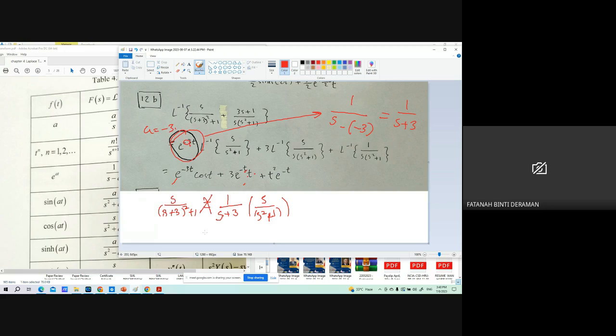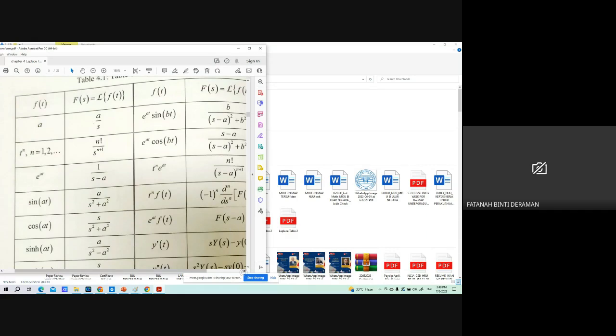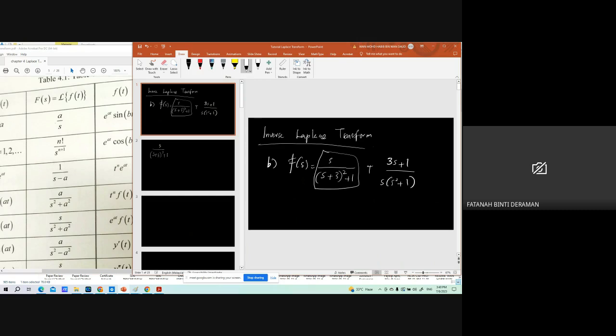So maybe we can do some manipulation here. I think the function is here. Does anyone already have the answer?